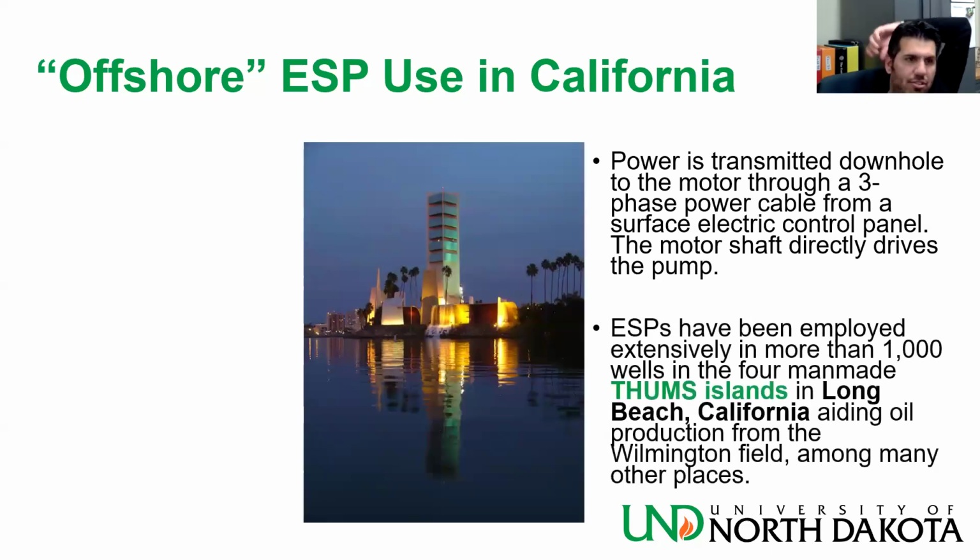If you are in Long Beach and you look into the ocean, you're going to see some islands that look like resort islands, and they are basically what they call the THUMS islands: Texaco, Humble, Union, Mobil, and Shell.